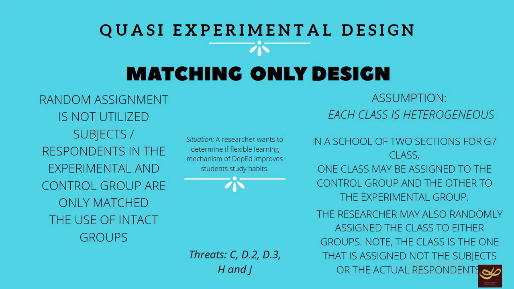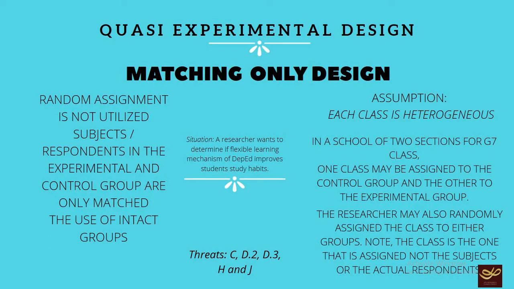Threats. What are the threats for this? Location. Why? Because let's say the class belongs to two different schools, and if it belongs to two different schools, then maybe it's a problem, because there are no two schools that are exactly the same, no matter how you classify them similarly under typology of DepEd schools.